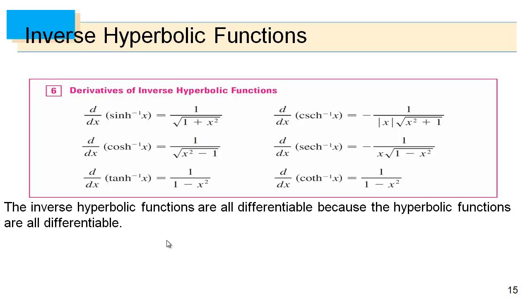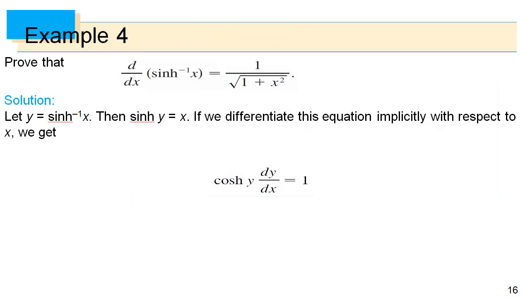So just remember that the inverse hyperbolic functions are all differentiable because the hyperbolic functions are all differentiable, and these are just inverses of them. So any function that's differentiable, its inverse will also be differentiable. We can prove that by going through the motions, taking the derivatives. If we let y equal inverse sinh, then we know sinh of y equals x.